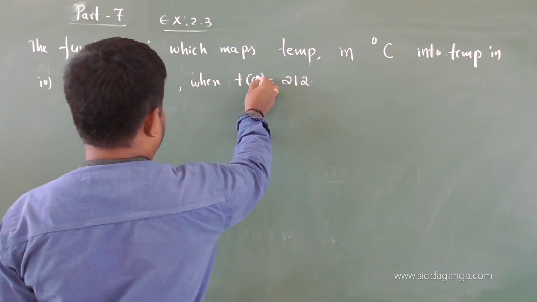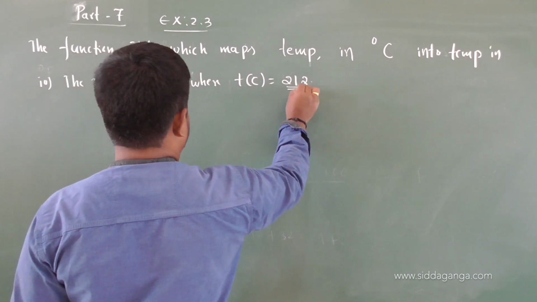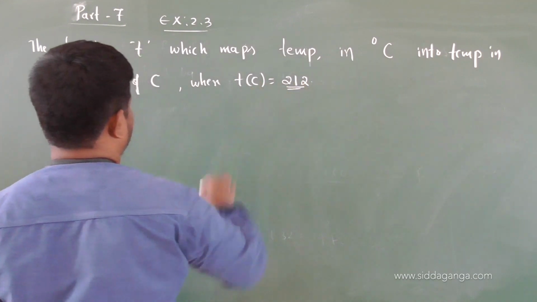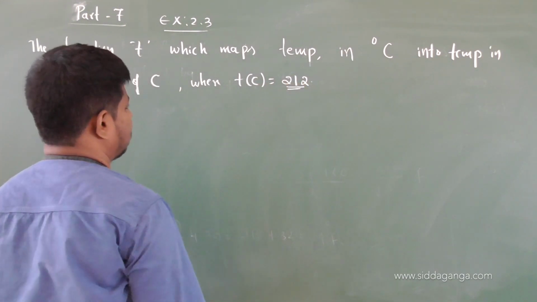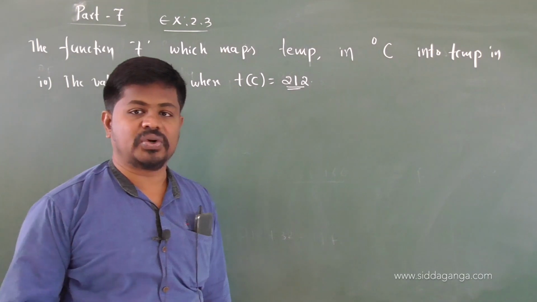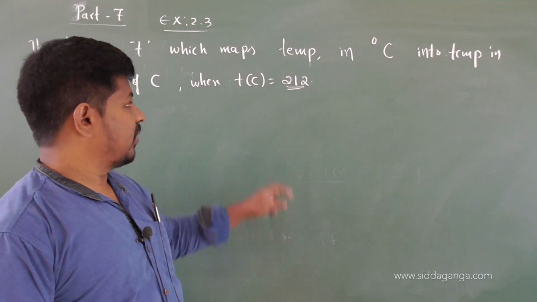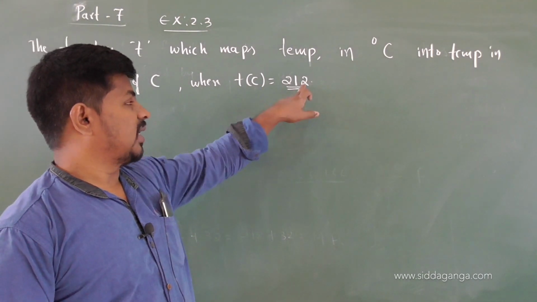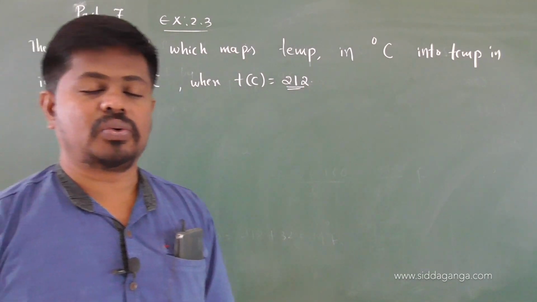Here the range is given, the image value is given, but we don't know the domain. For what domain value is it 212? That's the question. For what temperature in degree centigrade? The answer is 212 degree Fahrenheit.